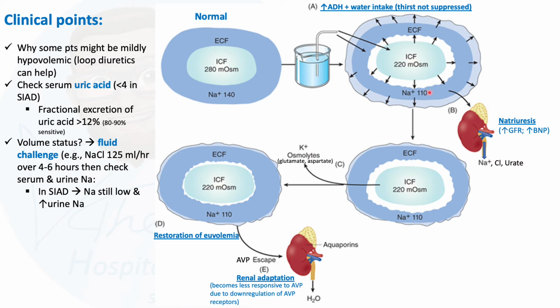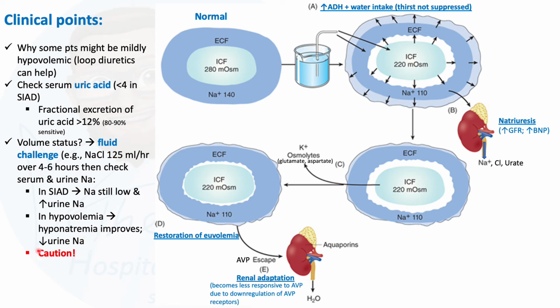Urine sodium natriuresis will continue, and urine sodium will not change, and sometimes it actually might get a little bit worse. So once you give the fluid and you check the sodium periodically, you know that it's not hypovolemia, because the sodium is not improving. Compare that to hypovolemia, where you give fluids, the sodium will improve and the volume will expand.